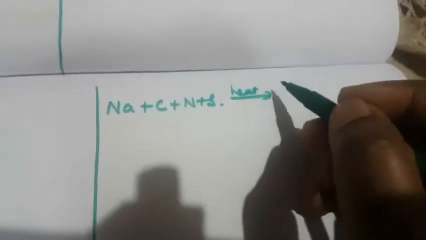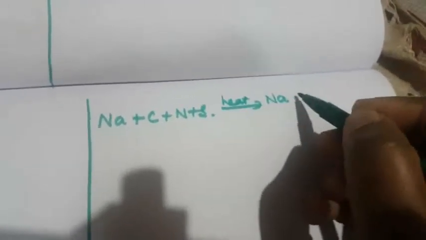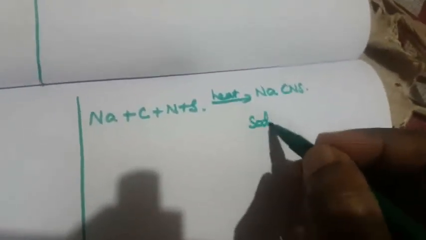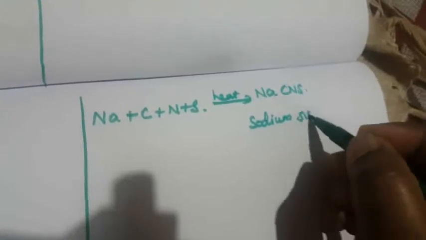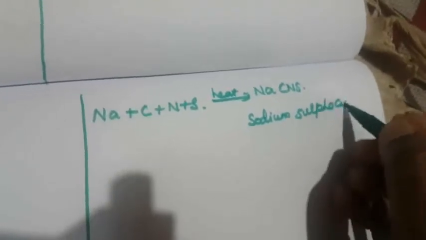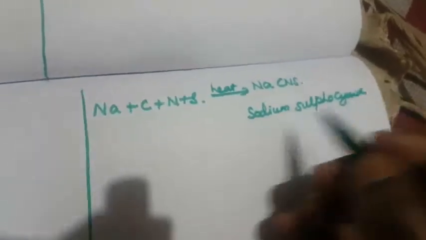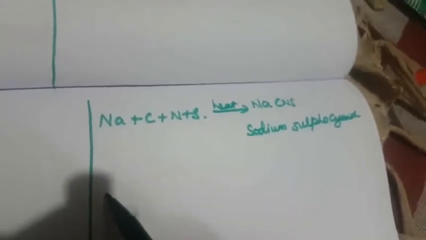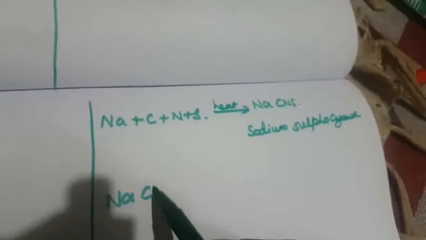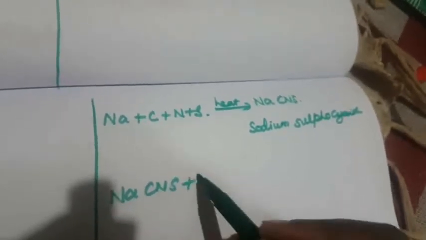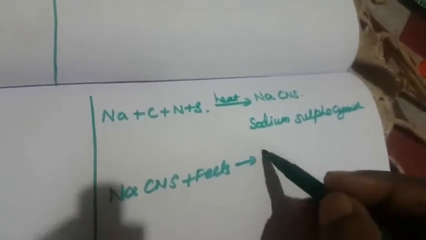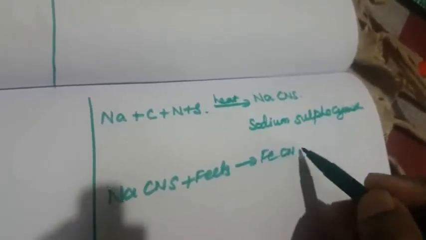Sodium sulfocyanide will be formed, right? After then sodium cyanide, sodium sulfocyanide, again with ferric chloride forms the blood red color, Fe(CNS)3.